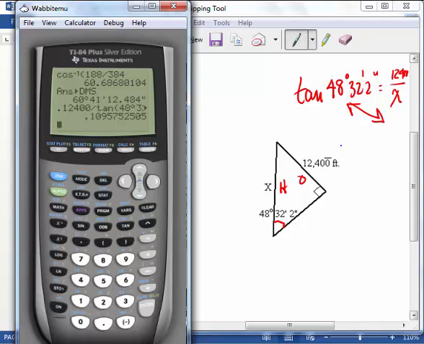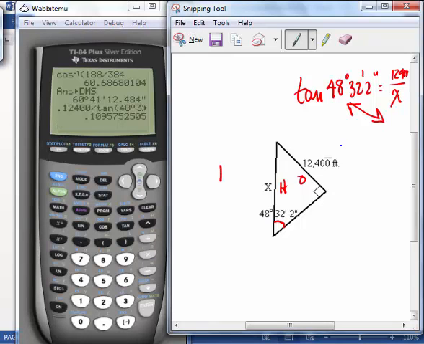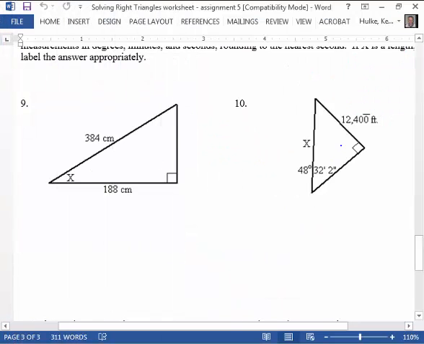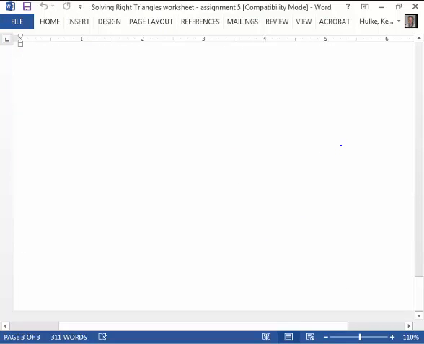That would be 10,958. Because if you notice, I moved the decimal point up on the question 4 places, so I have to move it in the answer 4 places too. Next one. Oops, that's it.